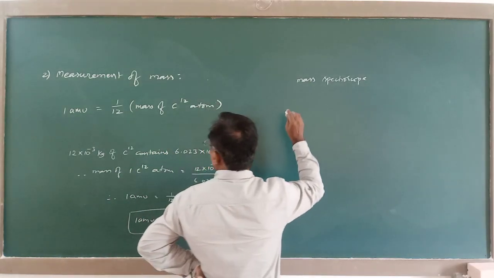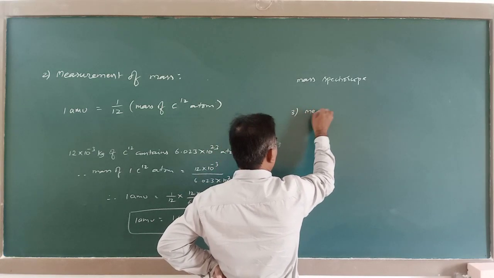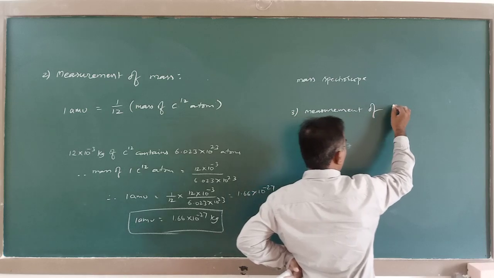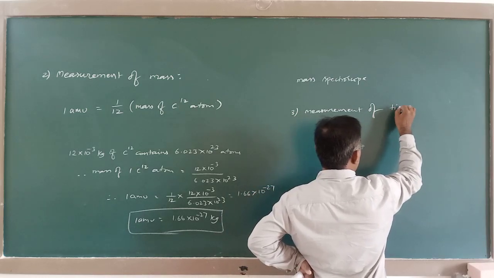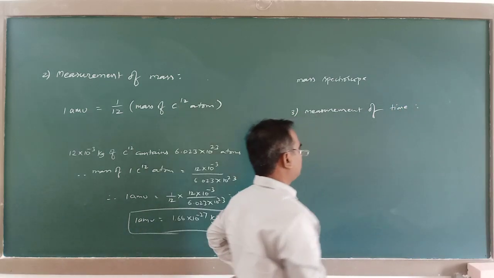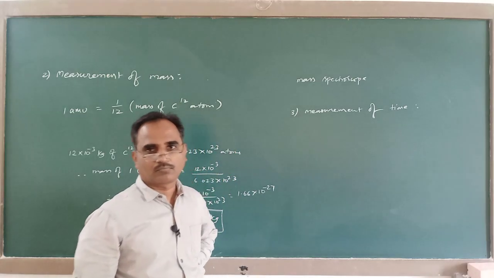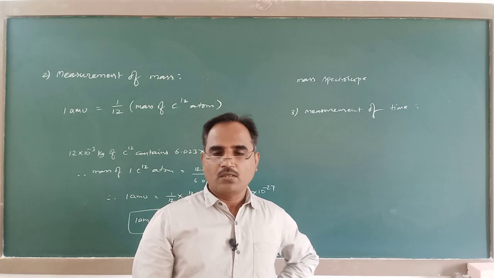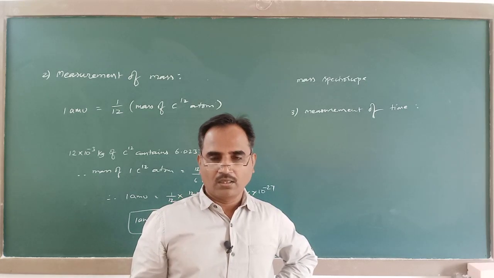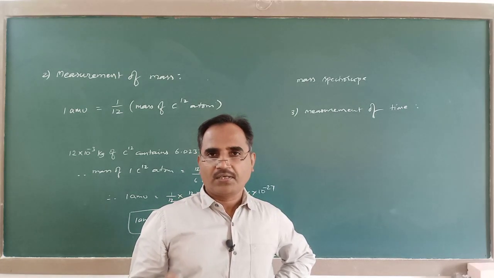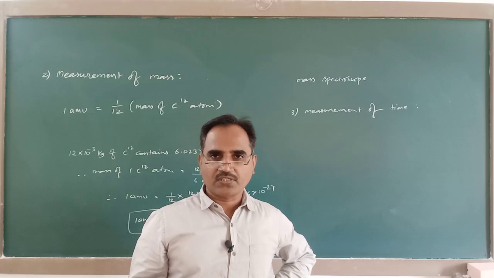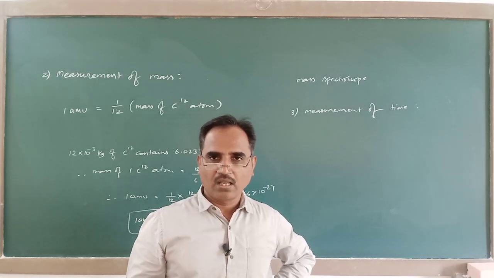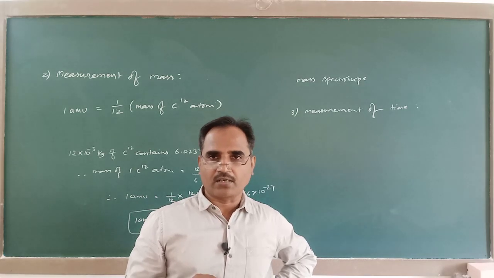The next thing is measurement of time. Usually time is measured in terms of second. Conventionally, time is measured in terms of second. I already told you the definition of 1 second.